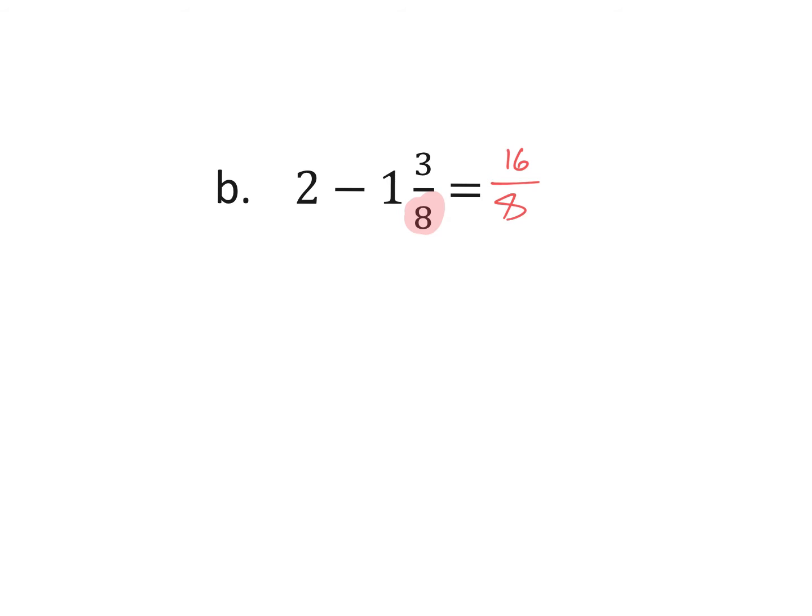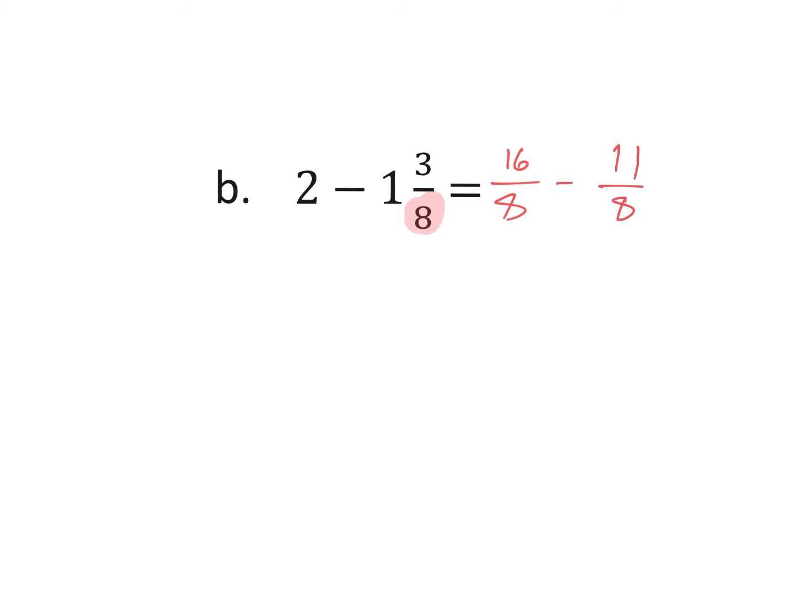So 2 becomes 16 eighths because 16 divided by 8 equals 2. 2 times 8 equals 16. So now my 2 has changed into the form of eighths. Then 1 times 8 is what? It's 8 plus 3 gives us 11, 11 eighths.